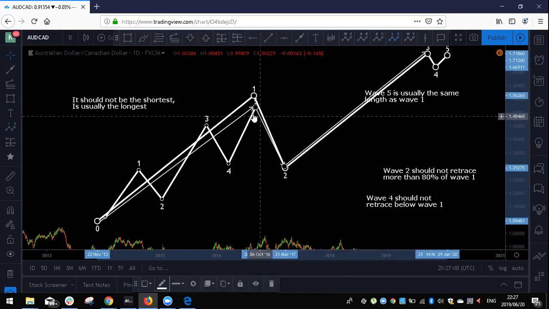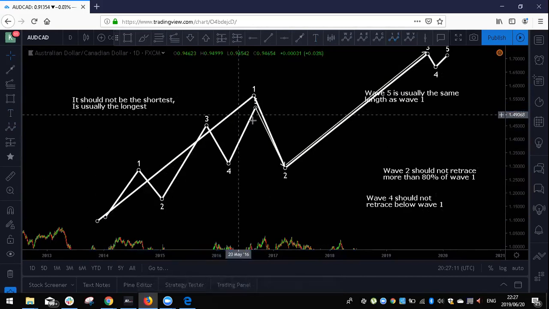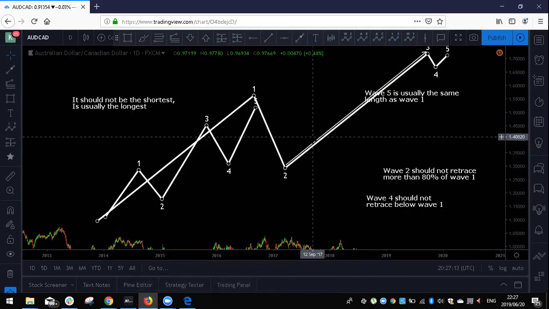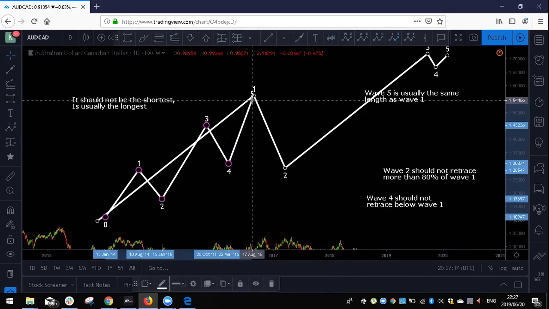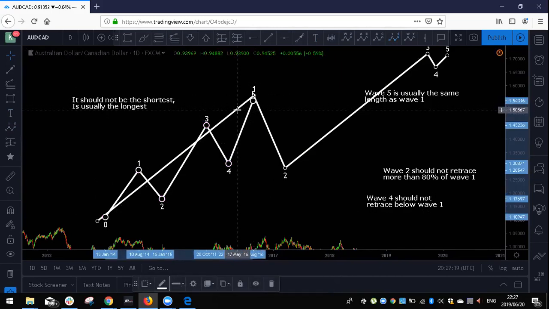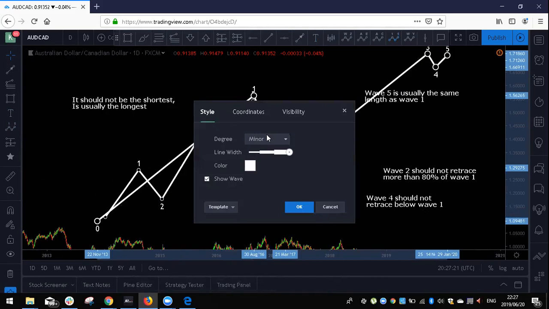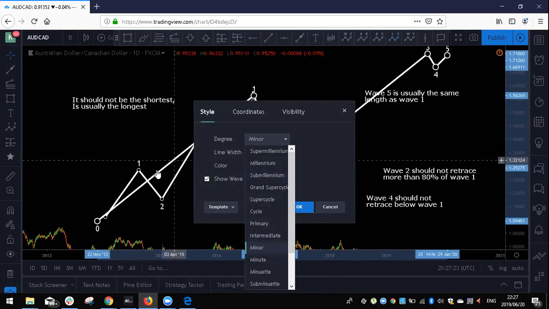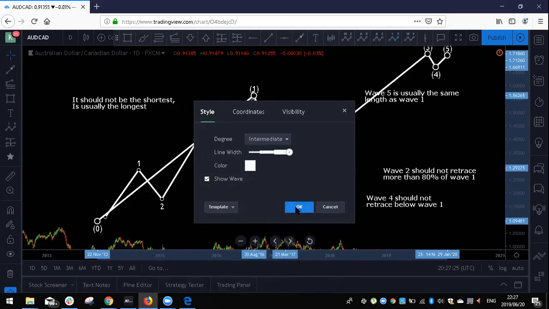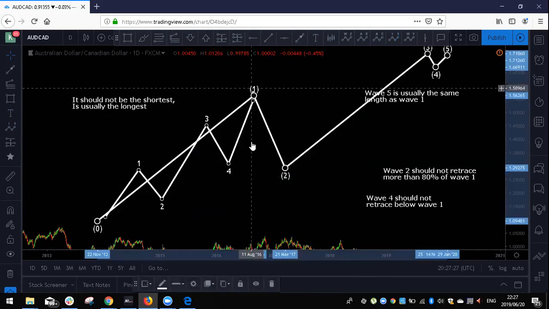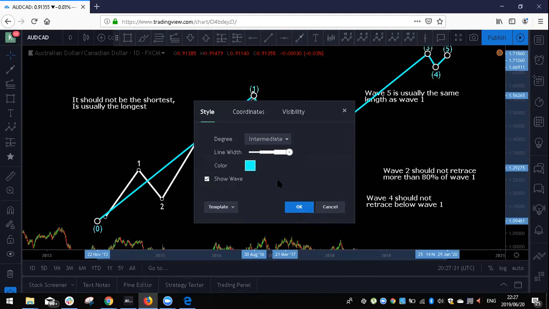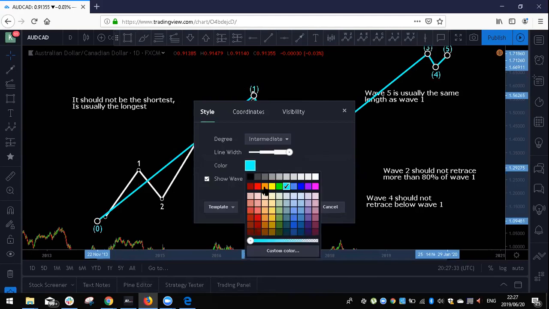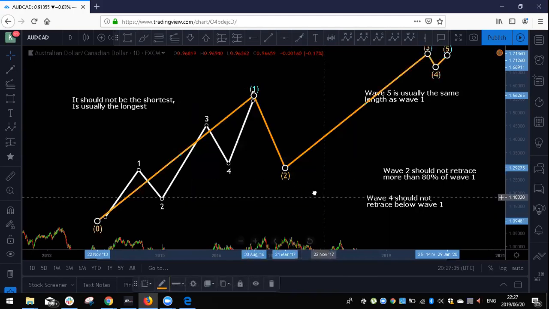Let me delete this. Let me change it. You see this one is minor, this one would be intermediate. Let me even change the color, make it blue, something visible.